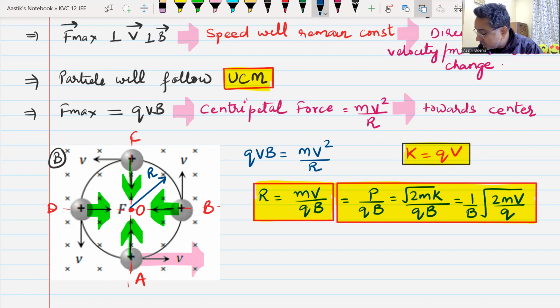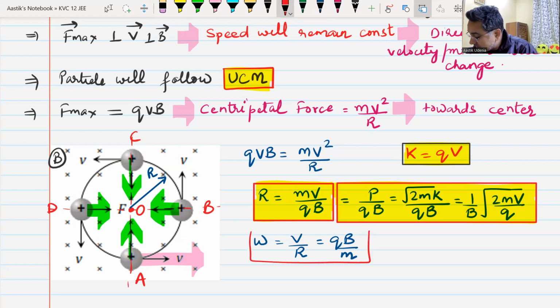The angular velocity omega is v by r. If you divide v by r, what will you get? You will get qB by m. This is the angular velocity, and as you can see, this angular velocity does not depend on your actual velocity, and that is a very important result.